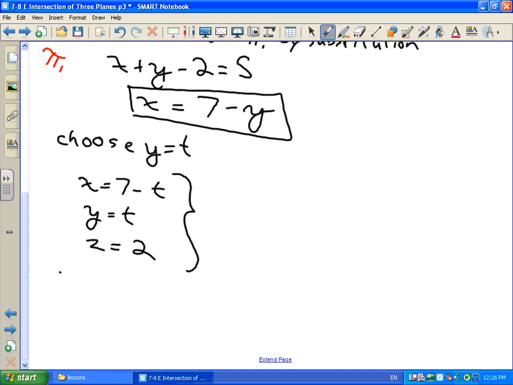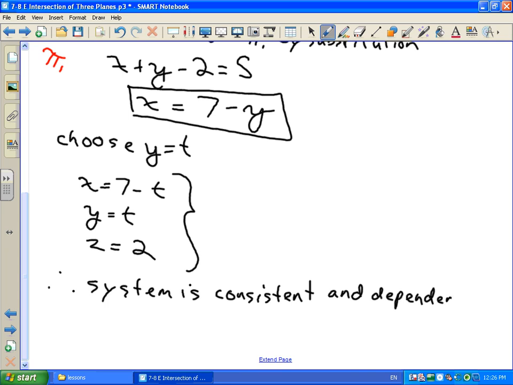So we can wrap this whole thing up pretty quickly here. Therefore, the system is consistent because we have a solution, this line. It is dependent because the solution is a line, an infinite number of points of intersection. System is consistent and dependent.